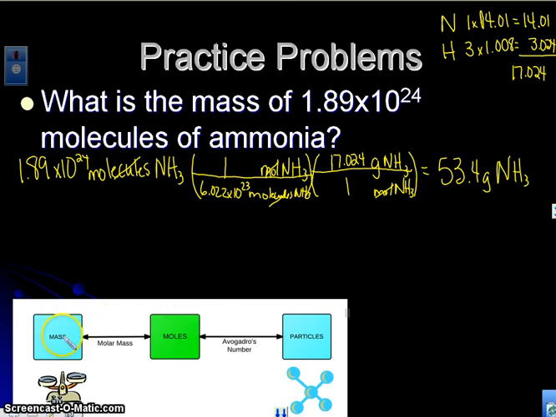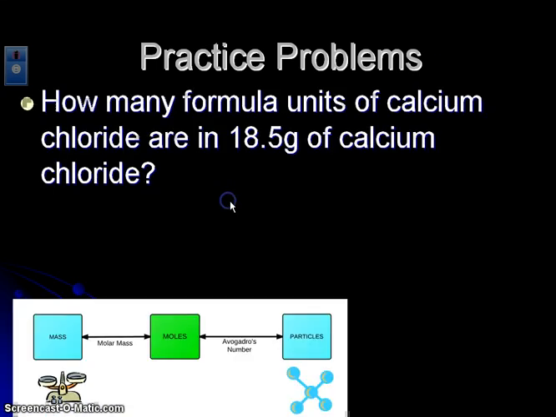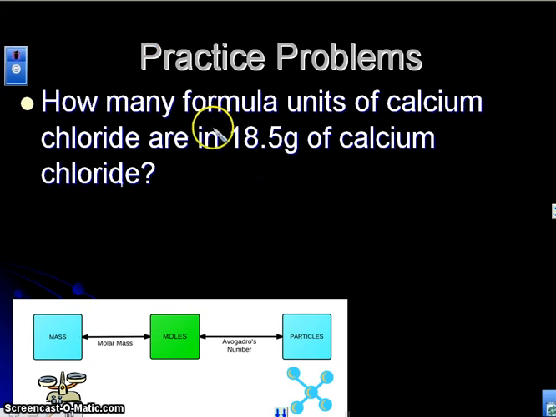Let's try one more problem. In this problem, you're seeing a new term. It's called a formula unit. A formula unit is similar to a molecule, except that it's for ionic compounds.